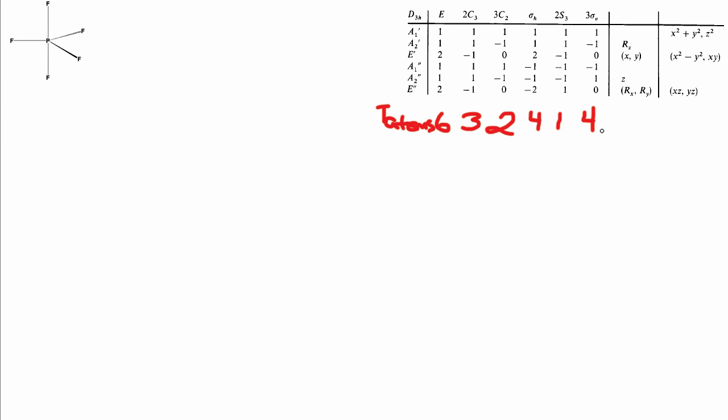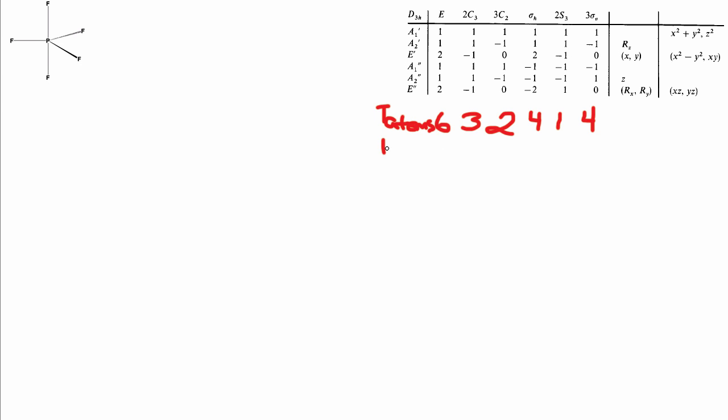The next step is that we have to determine what the irreducible representation is for the X, Y, and Z directions. To do that, we can just look at the character table, and we can see that Z has A2 double prime symmetry, X and Y has E prime symmetry.